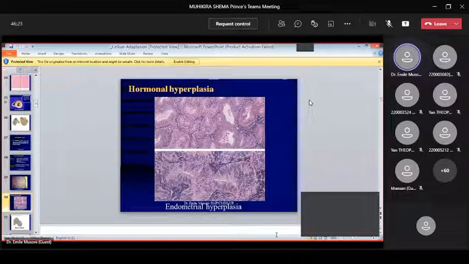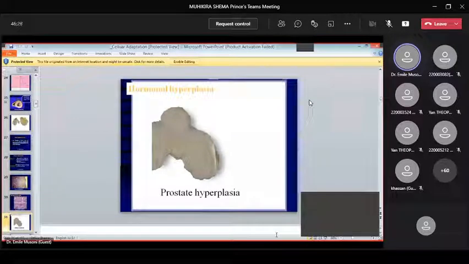This is hormonal hyperplasia in case of the prostate. Over 55 years, there is prostate hyperplasia in men. So in men, the worry is prostate hyperplasia.